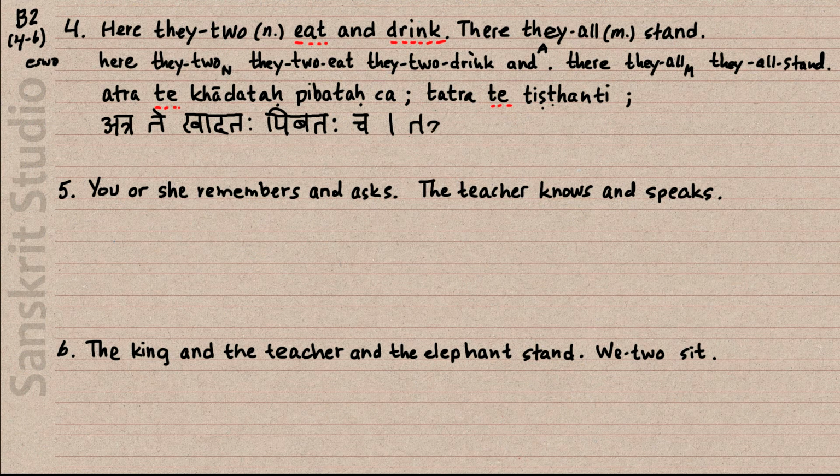And then we have tatra, another te, meaning something else. And then we have the standing action, which is supplied by the many masculine objects, tishtanti, whoever they are.